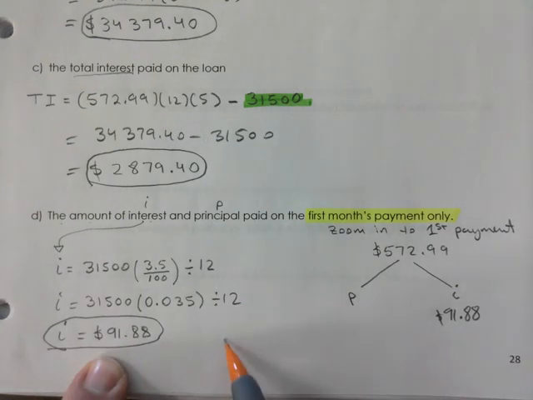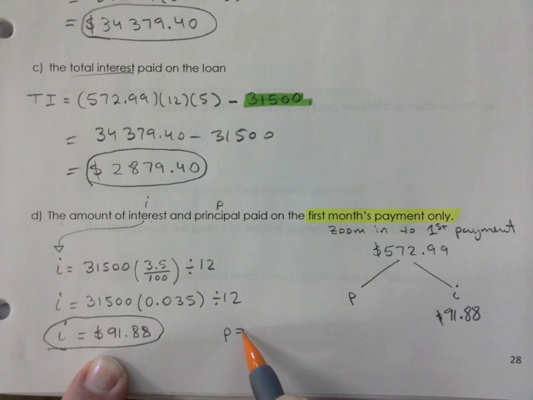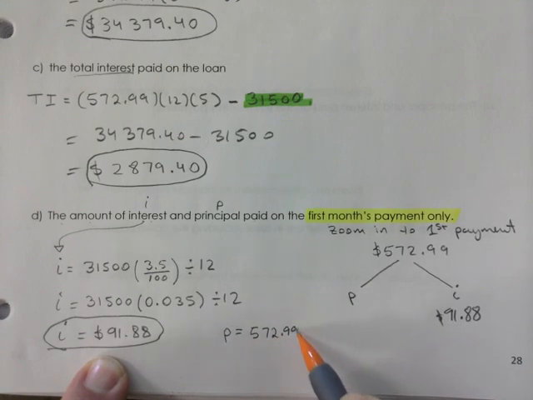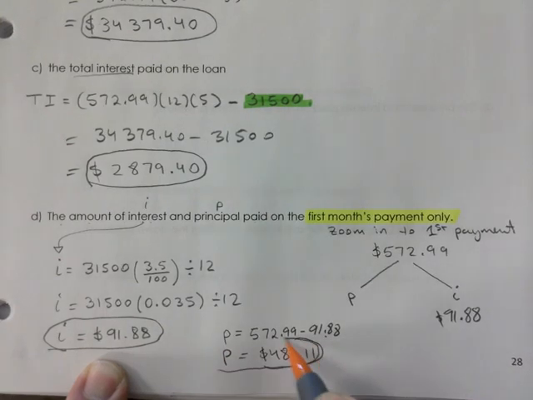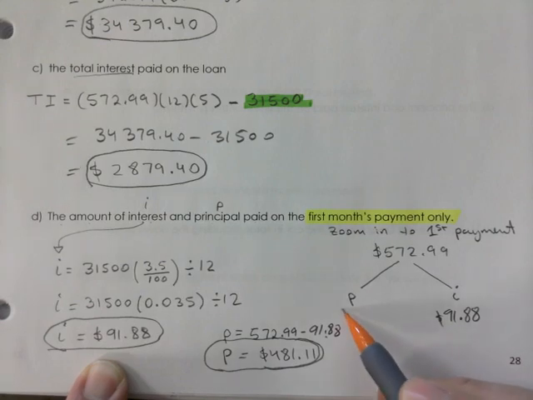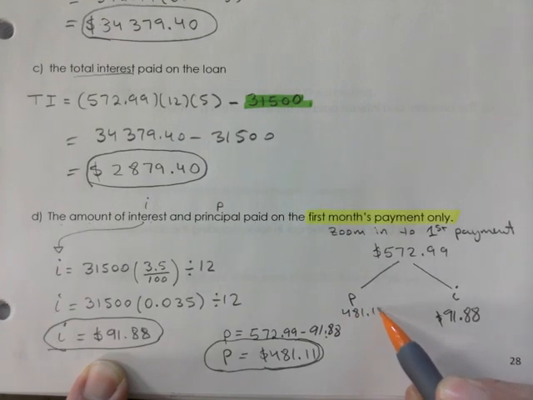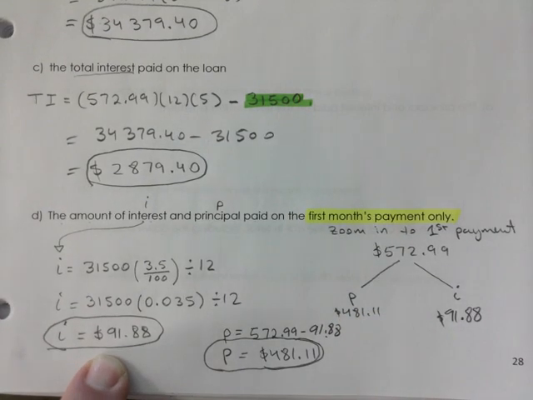So the principal is simply taking your payment and subtracting the interest you just found, which is 481.11. This is lowercase p. Fun stuff, eh?